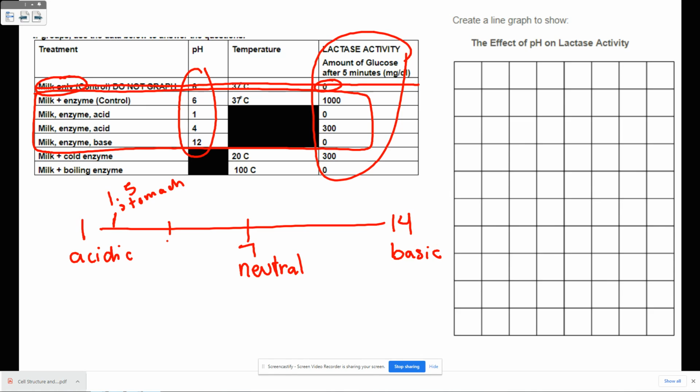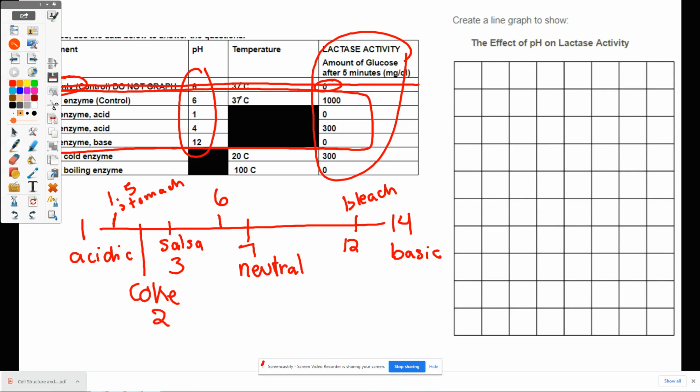We see salsa and citric acids at about a 3. Bleach is over here at about a 12 to 13. Bases and acids are both highly caustic. The further you get away from neutral, the more caustic they are. Coke falls in right about a 2. And milk is a 6.